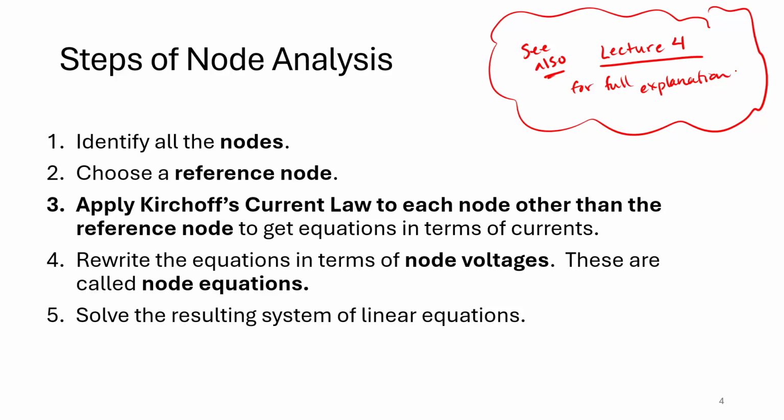And so the equations that we need to solve are called node equations. Finally, the last step is to solve the resulting system of linear equations, and we will end up with the voltages at each node of the circuit. Sometimes we might need to solve just one or two equations, but if you have a lot of nodes, you might need to solve a bunch of equations. So it's a good idea to use a system of equation solver if available, if you have a lot of equations to solve.